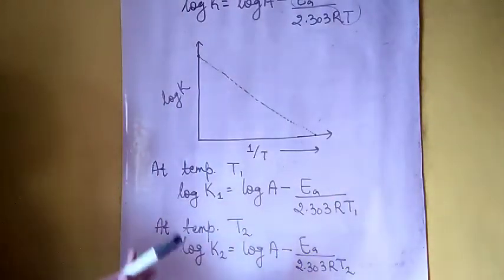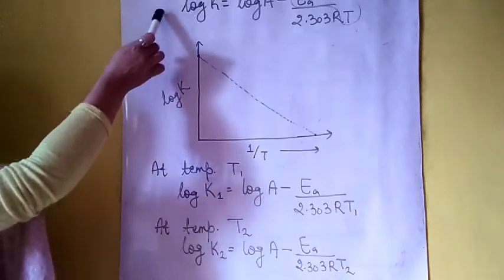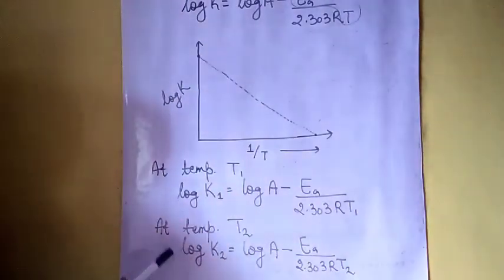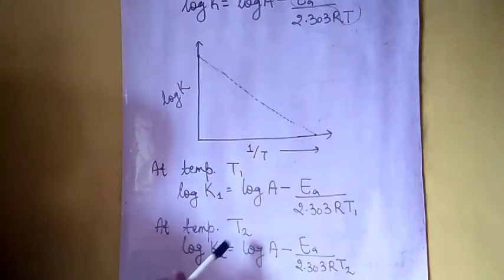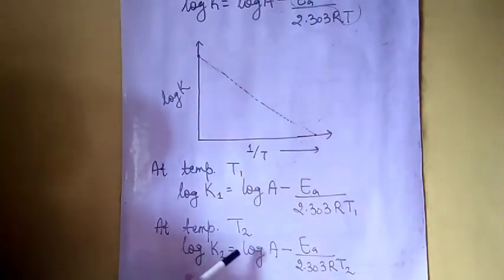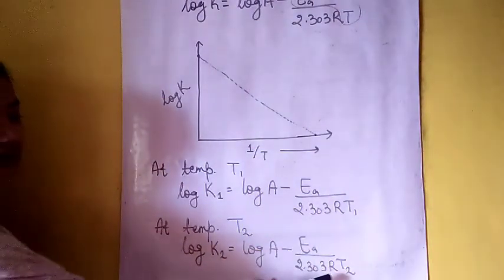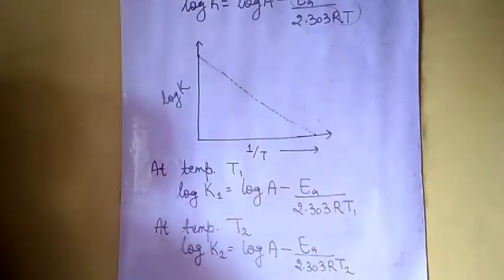So here two of the factors are changed, as we have to study the dependence of temperature on rate of reaction. Now if we take another temperature, T2, what will this equation become? So log K2. If the temperature changes, the rate of reaction will also change, that means the rate constant will also change. So log K2 is equal to again the constant minus EA upon 2.303 R, and the temperature will change to T2, right?